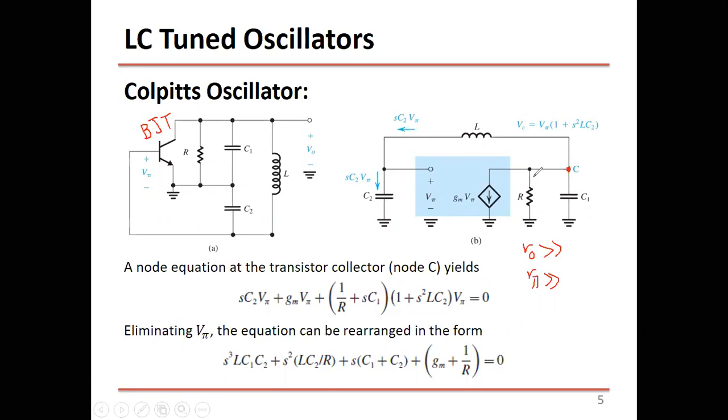How to do KCL here? How many currents do we have? We have one current this way, one current this way, one current this way, and one current this way. So we have 4 currents. First of all, how much is the current here? We need to define all the currents in terms of V pi.